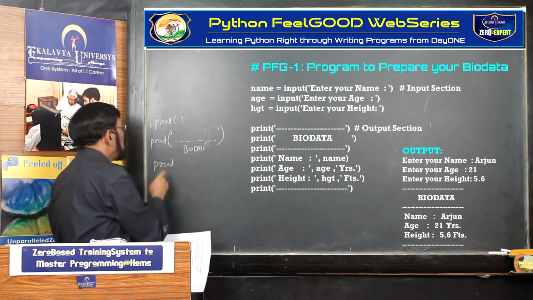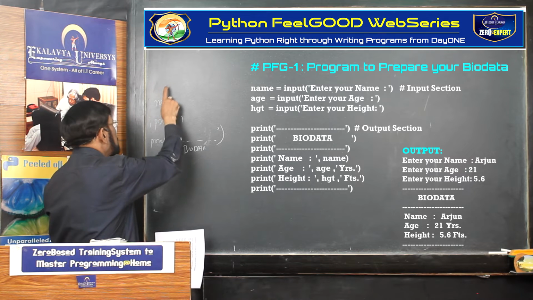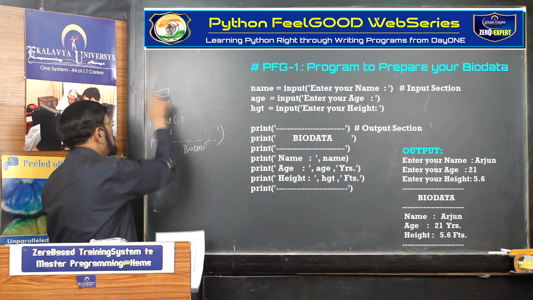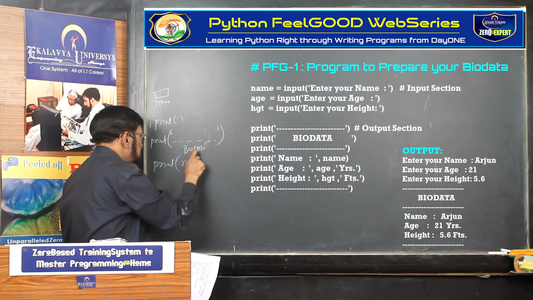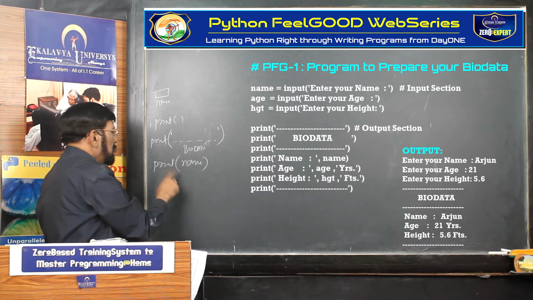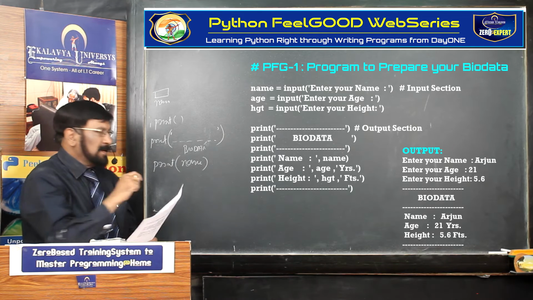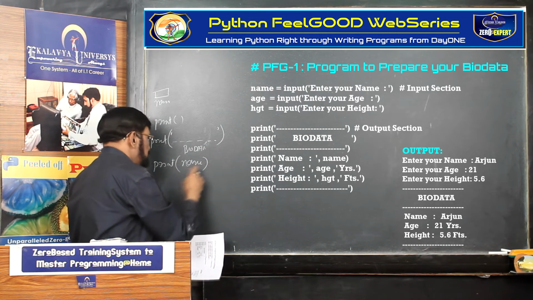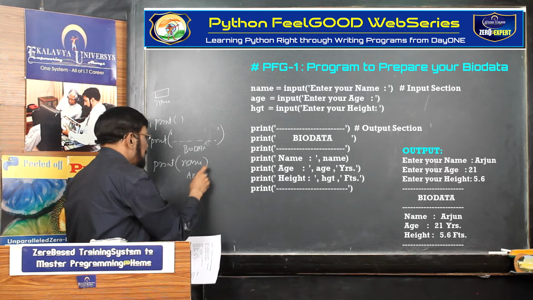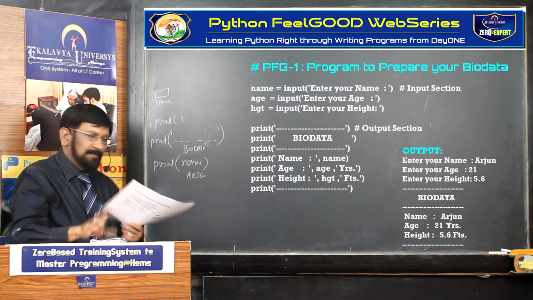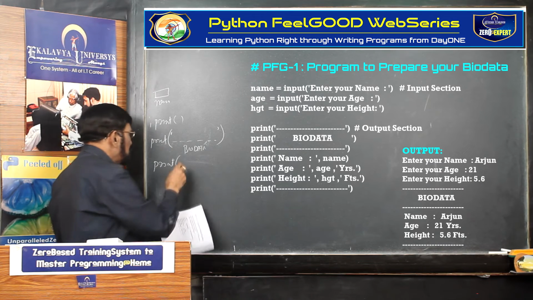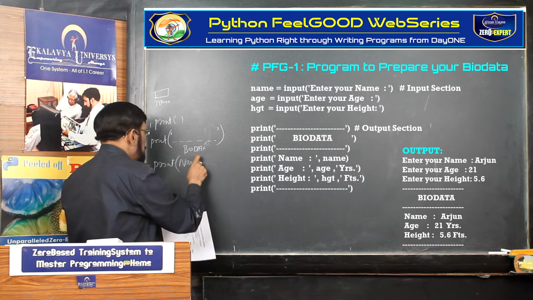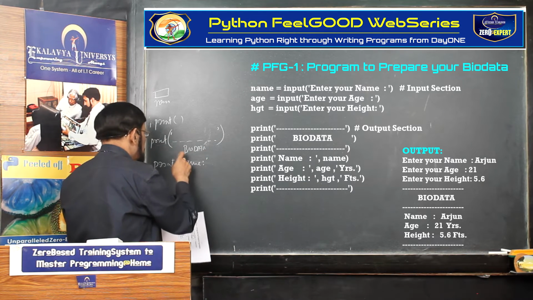Thereafter, actually, here you get it out. Print where your name is stored, in this variable, in this container it is stored. Simply, you can write name. Then suppose you entered Arjun, Arjun is printed. But actually for everything we want labels. That's why you are writing name, here one string.